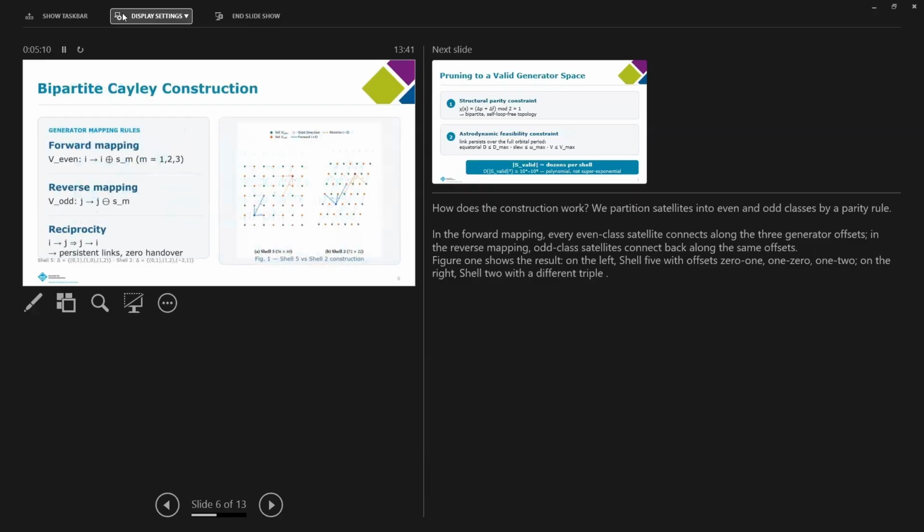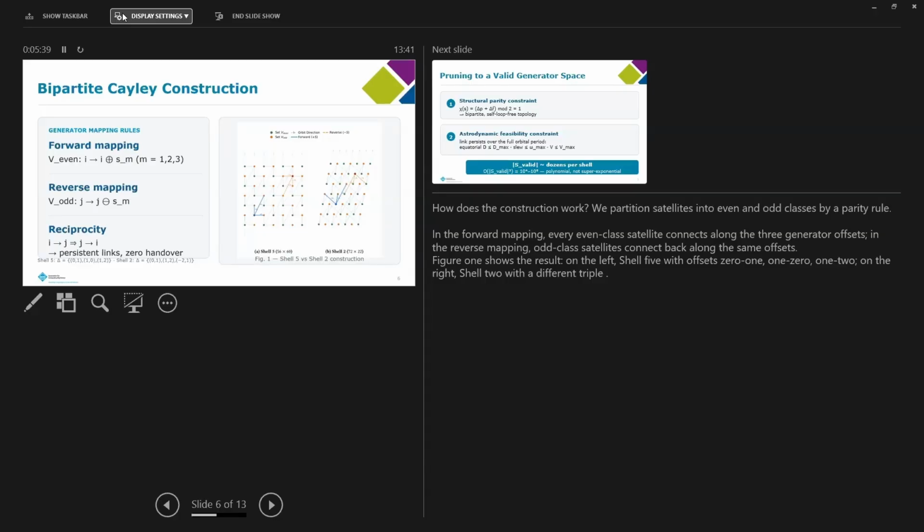Here comes our construction process. First, we partition the satellites into 2 groups by their index in orbit. In the forward mapping function, every even-class satellite connects along these 3 generator offsets, and in the reverse mapping, all odd-class satellites connect back along the same offsets.